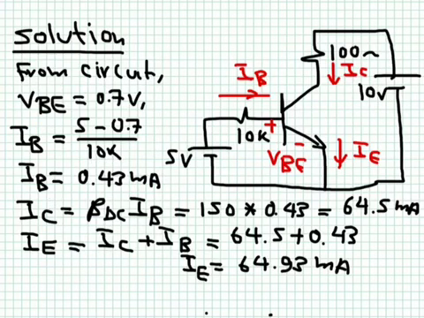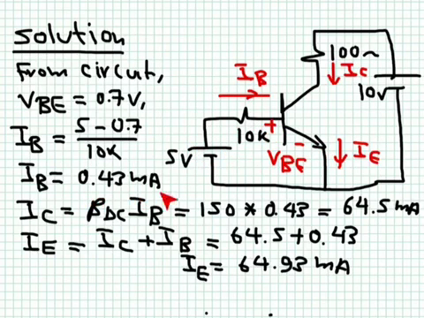So I redraw the circuit, and then I show here the direction of IB, IC, and IE. This is VBE, this is VCE, and this is VCB. We know that this battery here is trying to forward bias the base emitter junction. Then this will be 0.7, like we dealt with diodes before. And then the current flowing here will be 5 minus 0.7 divided by 10K.